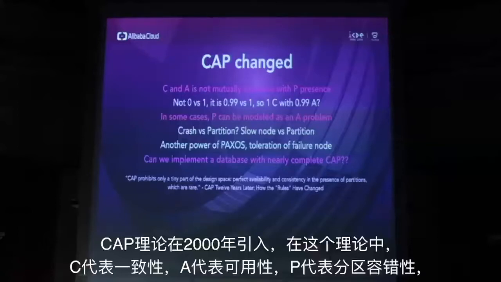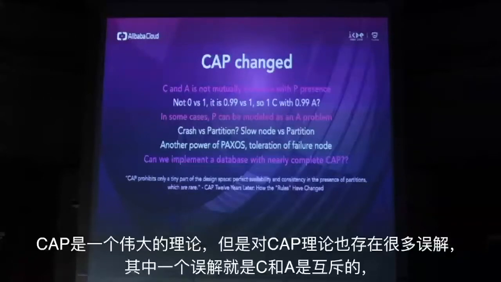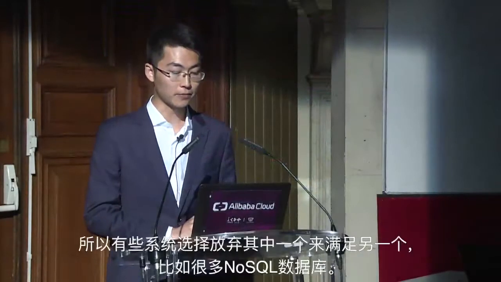In this theorem, C is consistency, A is availability, and P is partition tolerance. The point of this theorem is that C and A can't both be promised at the same time in the presence of P. CAP is a great theorem, but there are lots of misunderstandings of it. One of the misunderstandings is that C and A are mutually exclusive with each other.